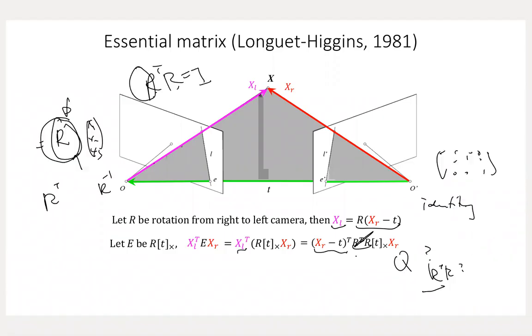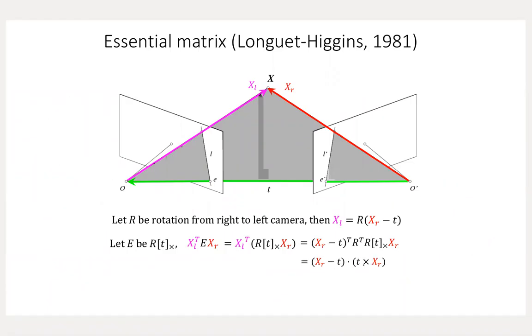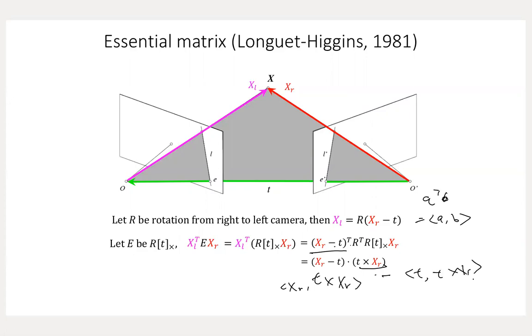So I have this T cross X_R, X_R minus T cross X_R. Notice that this is just an inner product. I have a vector A transpose B, let's say. This is just the inner product of A and B. So I get the inner product of X_R with T cross X_R, minus the inner product of T cross X_R.